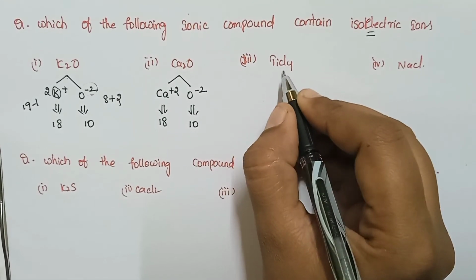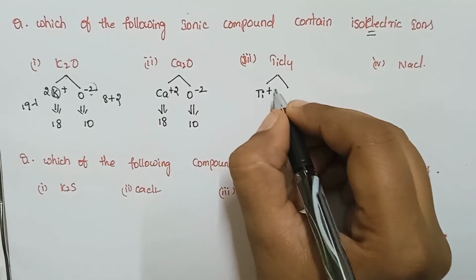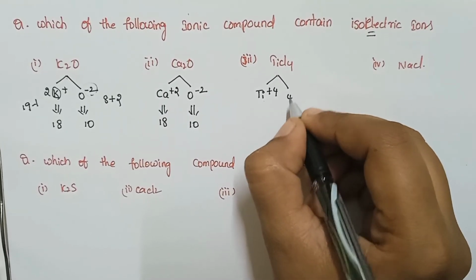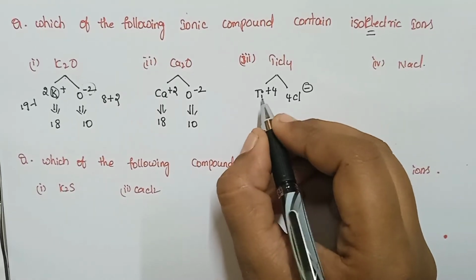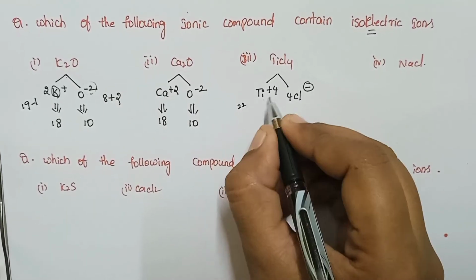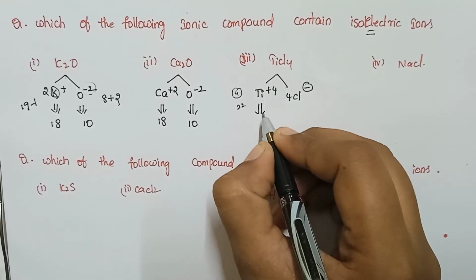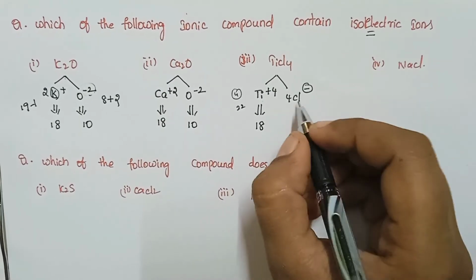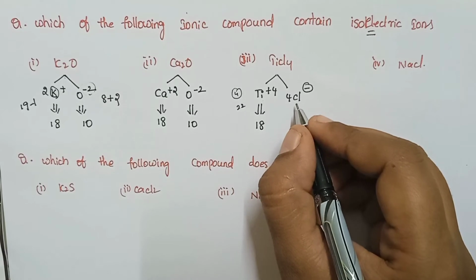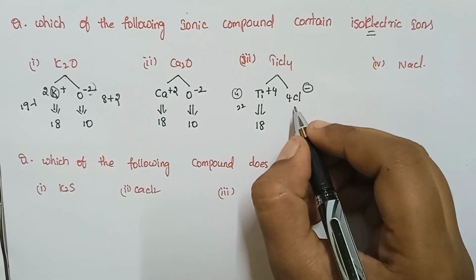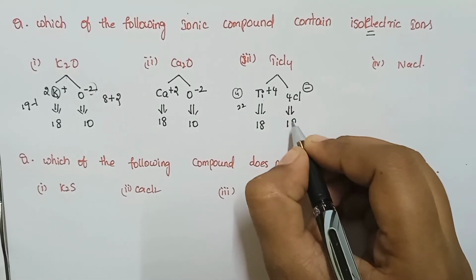Next TiCl4 forms Ti 4 plus and 4 Cl minus. Titanium atomic number 22, plus 4 means removal of 4 electrons, that is 18 electrons. Chlorine atomic number 17, by adding 1 electron, 18.